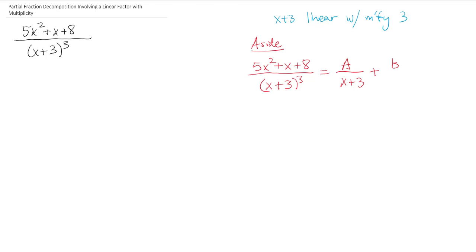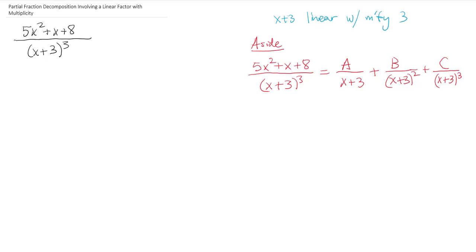The second linear factor is still x plus 3, but it has multiplicity of 2. And the third fraction is going to have a c, and the linear factor is now x plus 3 with multiplicity of 3. And now we're ready to solve for our a, b's, and c's.